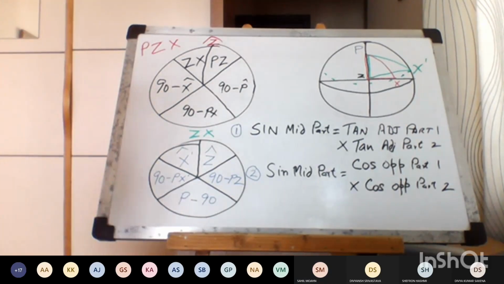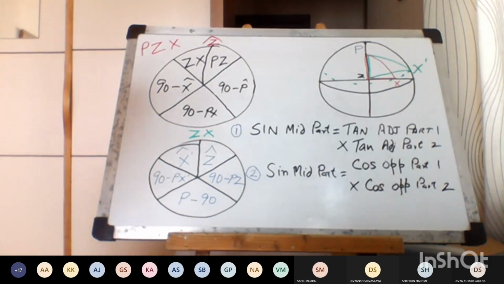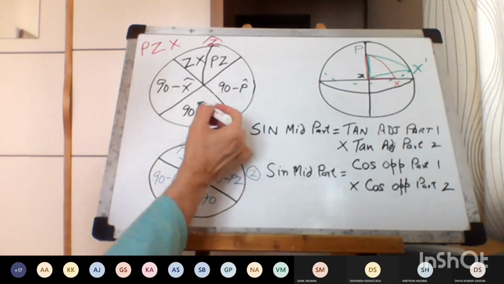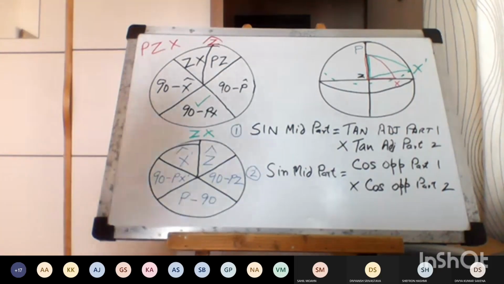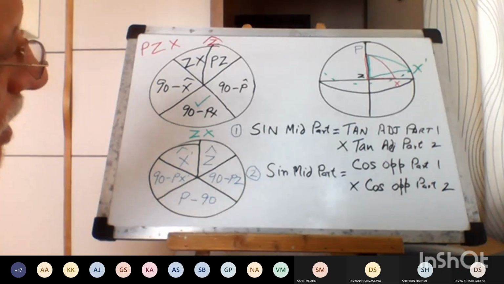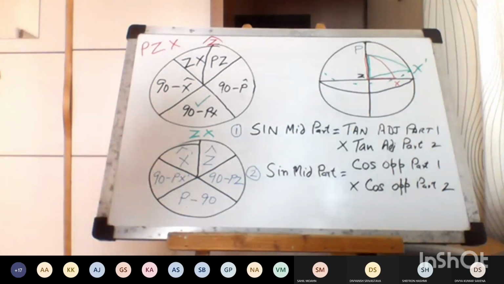One thing is already known to us. So let us say I know the declination, which means I know this. If you know the declination from the almanac, or if it is given in the question, then 90 minus PX is directly the declination.